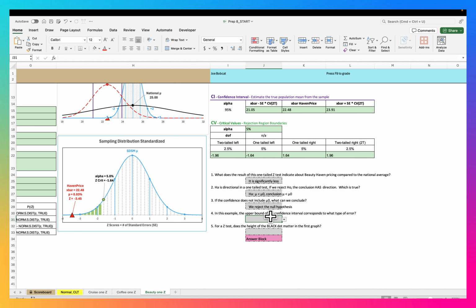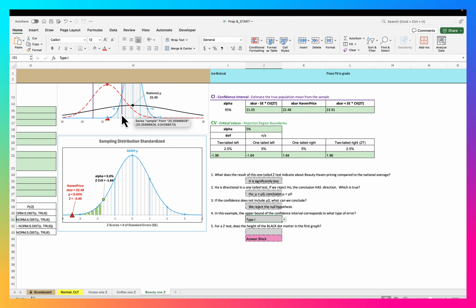In this example, the upper bound of the confidence interval corresponds to what type of error? So here's the upper bound this time of the confidence interval. What kind of error could that correspond to? It could correspond to a type 1 error. And here's why. Because the upper bound of the confidence interval would be less than 2 standard errors away from the population mean.